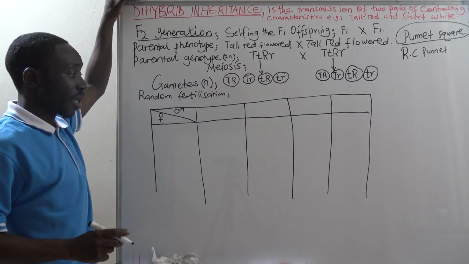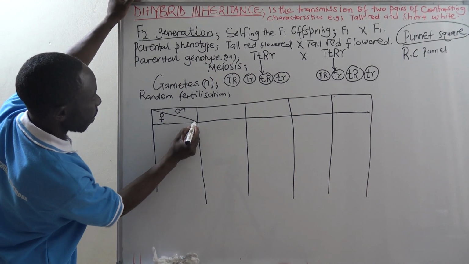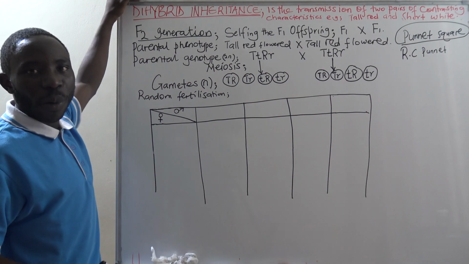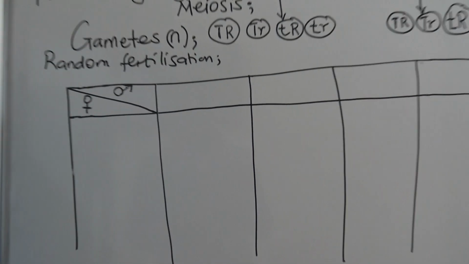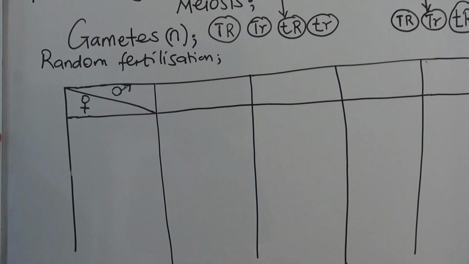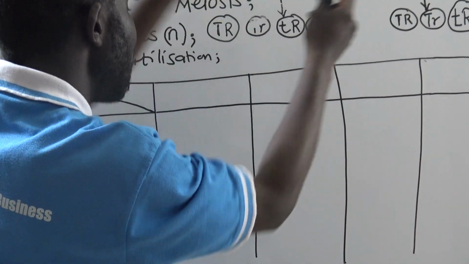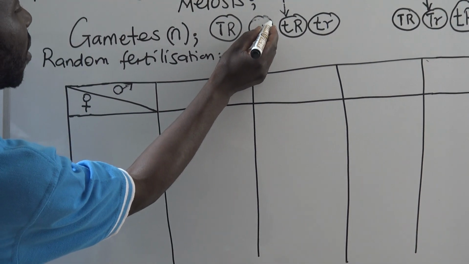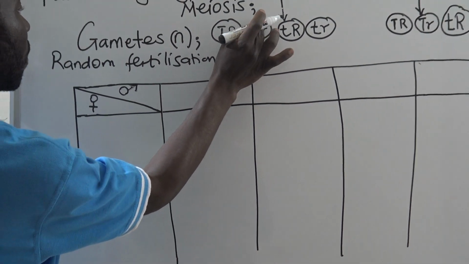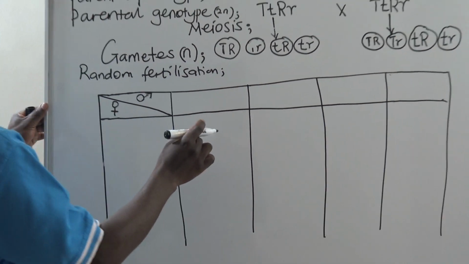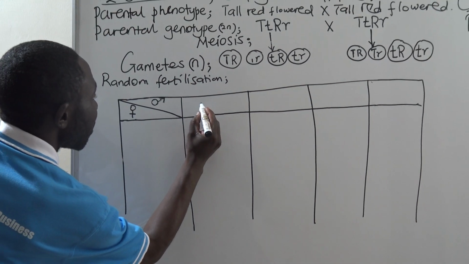So the female gametes are normally written down within the horizontal squares. Now, let me assume that one of these parents is male and the other one is female. So I'll write the male gametes here.